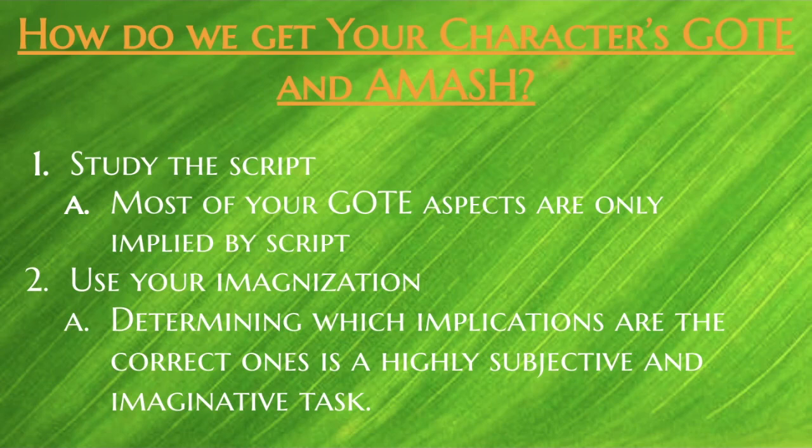The second thing you need to do is use your imagination. Think about when you were a kid and how much you used your imagination, and try to pull that imagination back out for you as a performer. Determine which implications from the script are the correct ones, which is a highly subjective and imaginative task. Use that imagination.